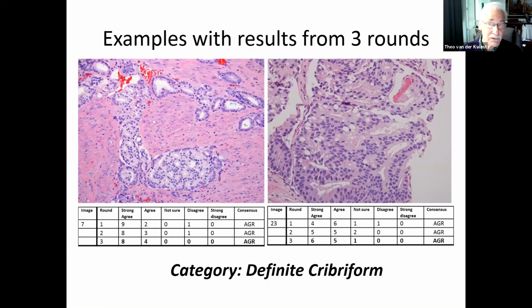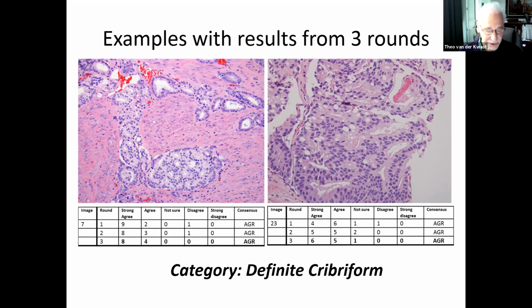This slide shows 2 images of the category definite cribriform, and you can see the category written on the bottom of the slide. In the table below each image, you see the image number on the far left of the table. The first row represents the results of the first round, the second row the results of the 2nd round, and the 3rd row the last round.